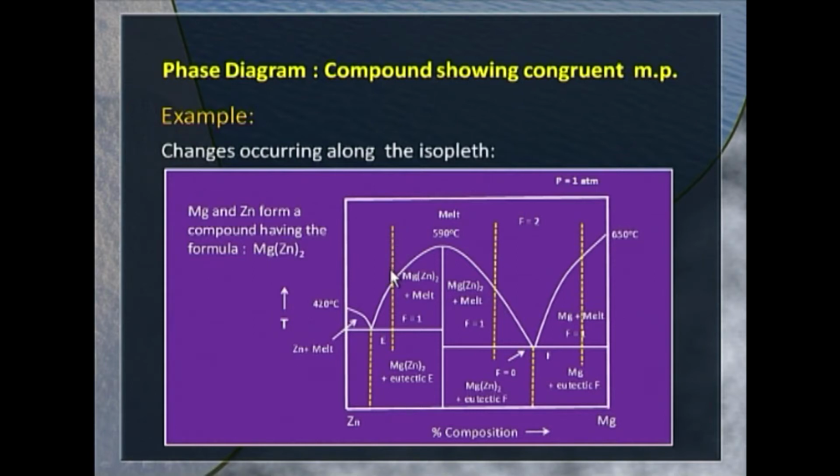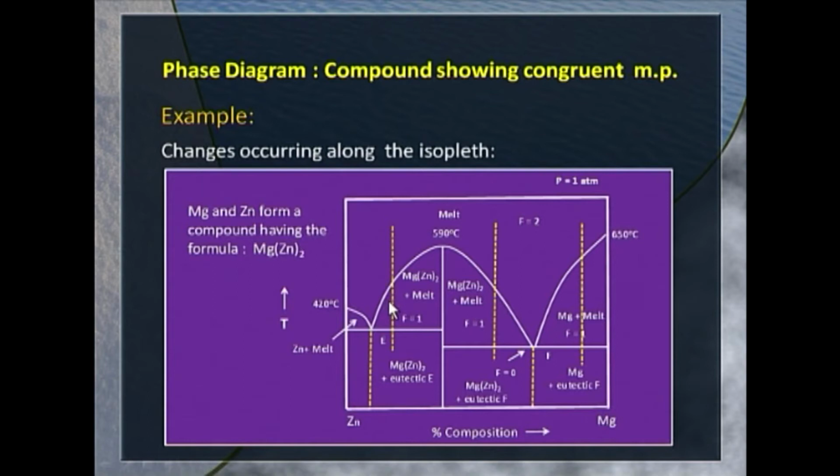The temperature decreases. We have a sufficient number of degrees of freedom, F equal to 2. We reach the point on the line at which some solid appears. The solid that appears in this case is the compound MgZn2. A small amount of solid appears and then the system is a 2-phase equilibrium, solid and melt. We can continue cooling.